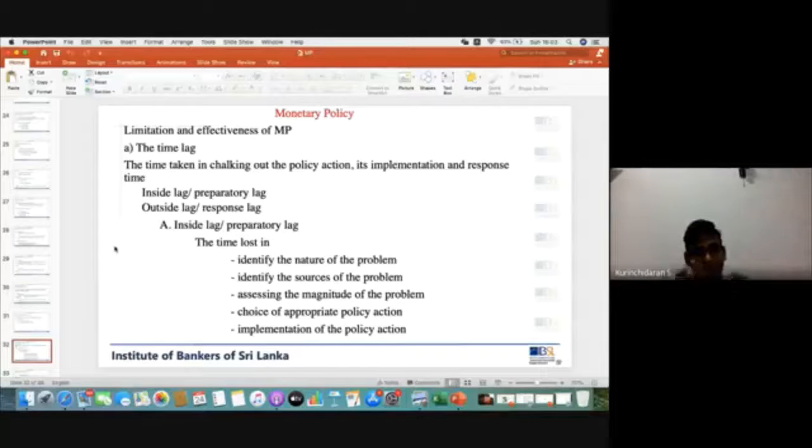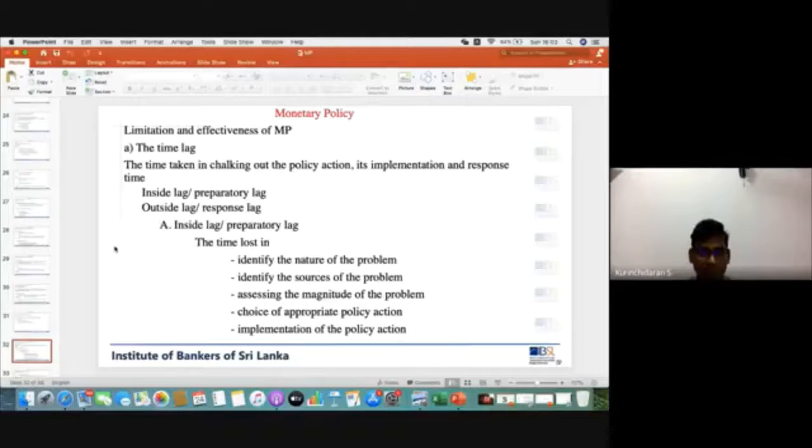Is it a serious one, or will it come back to normal, right? Or if you see it's serious, we have to take action immediately. So what is the policy action we are going to take? Appropriate policy action. There are so many policy actions, so which one are we going to choose? And then after choosing that, you have to implement it correctly. So this takes a lengthy time, right? And that is called inside lag.